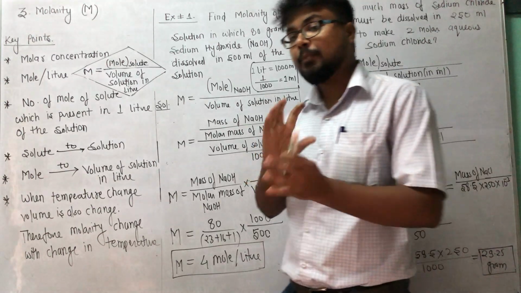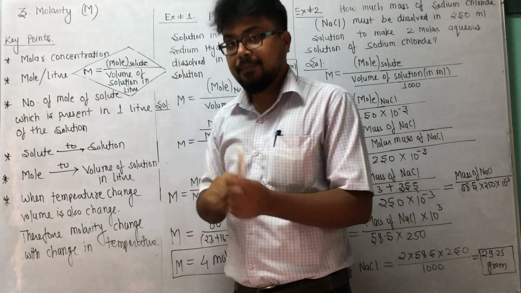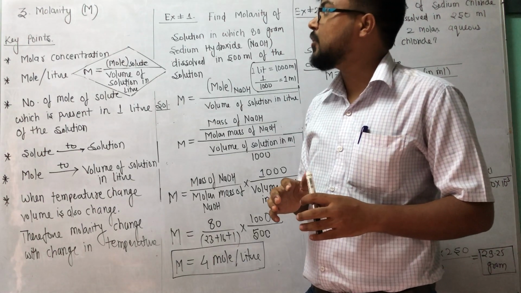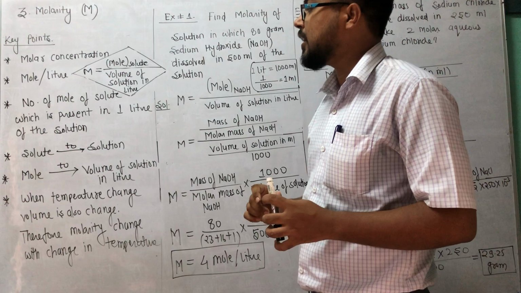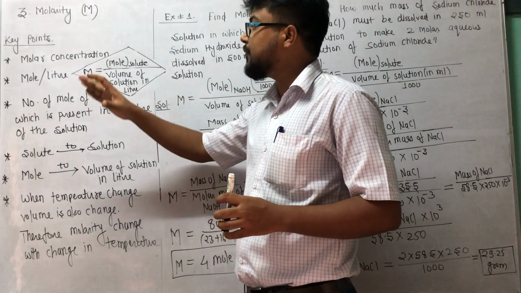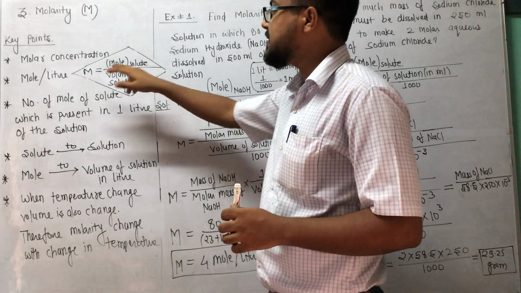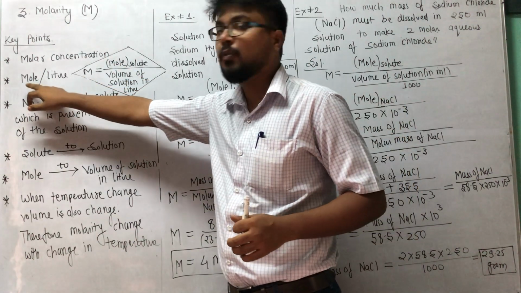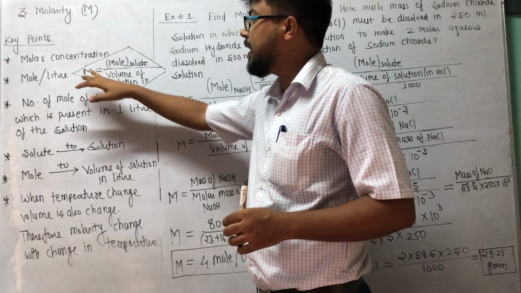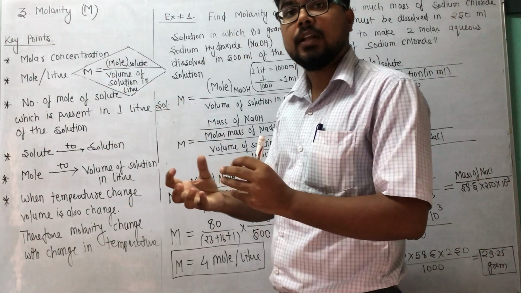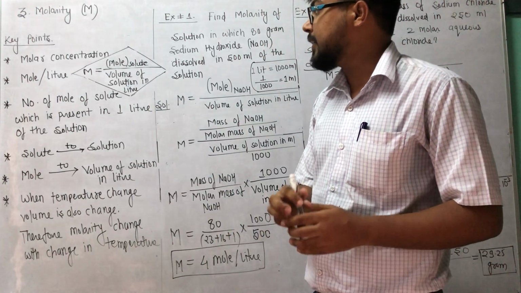Number two, we have to remember its unit. The unit of capital M, or molarity, is mole per liter. By using its unit, we can design its final formula: M equal to moles of solute divided by liters of solution, which is the volume of solution in liter.